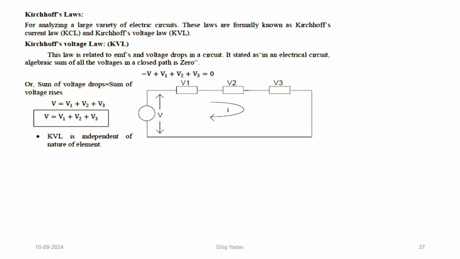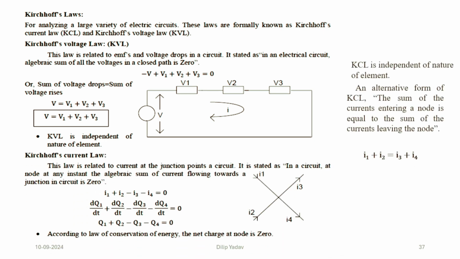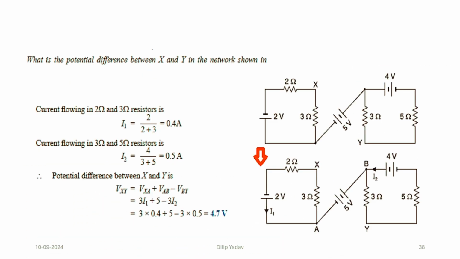Now moving forward, we have one numerical here. We have to find the potential difference between X and Y in the network shown. As we can see in the network, we have the positive terminal. First of all, whenever we are going to solve the circuit, we have to give the sign conventions, and it should be taken properly.